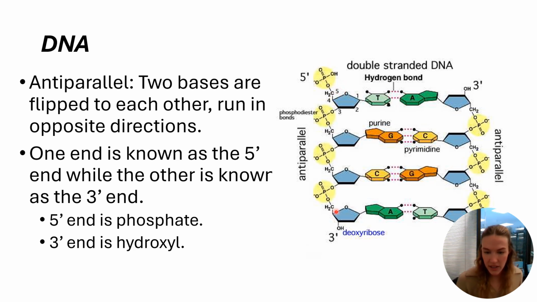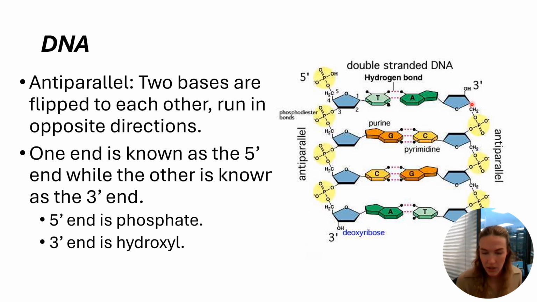If we go to the other end of the molecule, the furthest group on this molecule is the hydroxyl group, and that's connected to the 3' carbon. So that is why we call it 5' to 3'. It's because the last groups that are connected to carbon, on one end is the 5' phosphate, the other end is the 3' hydroxyl. That's why we have that.